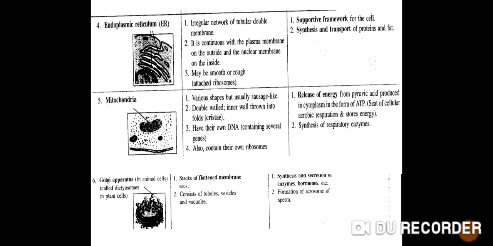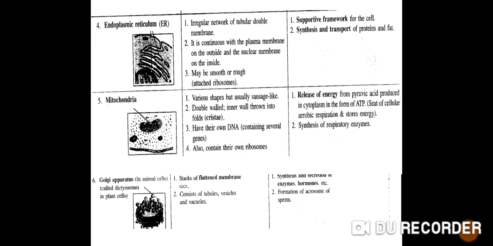It is continuous with the plasma membrane on the outside and the nuclear membrane on the inside. It may be smooth endoplasmic reticulum or rough endoplasmic reticulum depending upon the attachment of ribosomes. It mainly functions as a supportive framework for the cell. It synthesizes and transports proteins and fats.